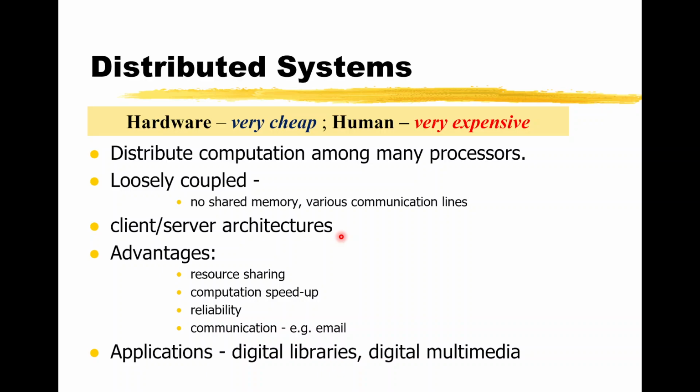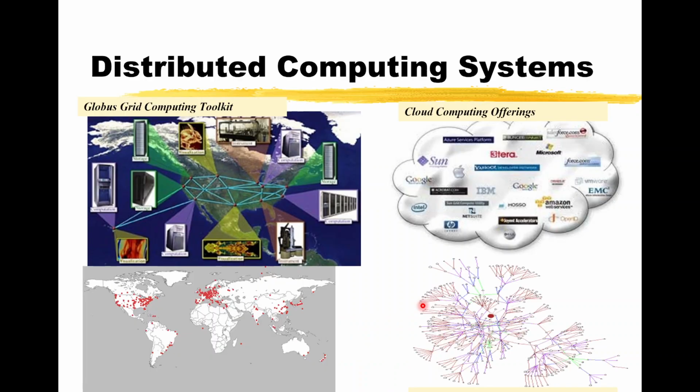We could save data, and we could use software as a service. Lots of advantages. It's applied in digital libraries, digital multimedia, and diverse locations, social media networks, where we're using these systems right now. So we look at cloud computing offerings by many companies like Google, Sun, Amazon.